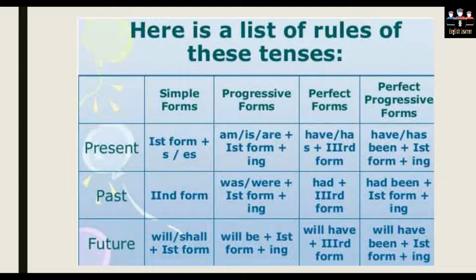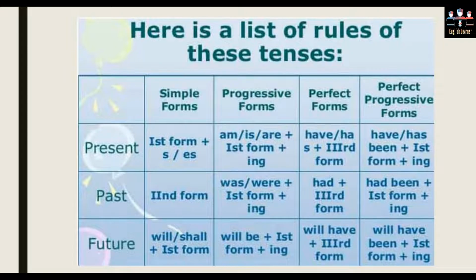Whenever we make the present progressive negative, we just add not to the helping verbs. It will be like am not, is not, are not. And whenever we make an interrogative sentence, we place the helping verbs at the start of the sentence to make it interrogative.